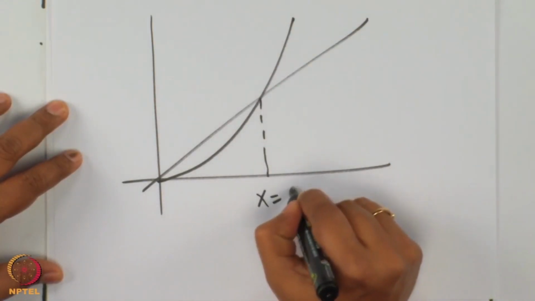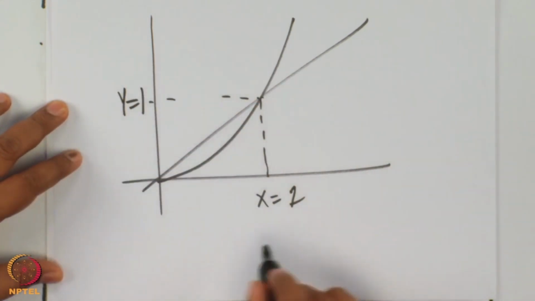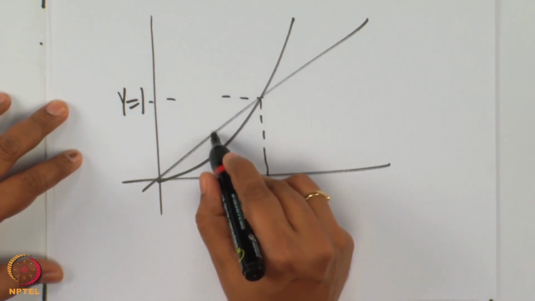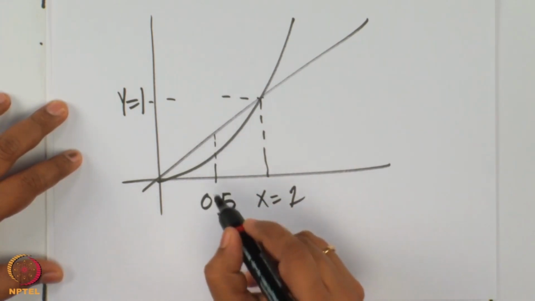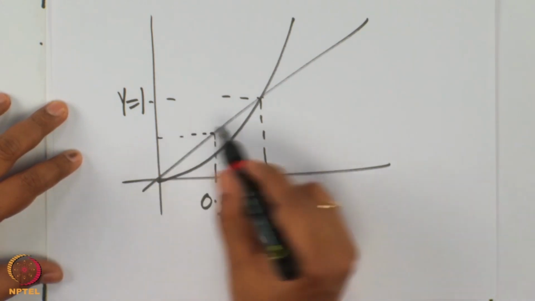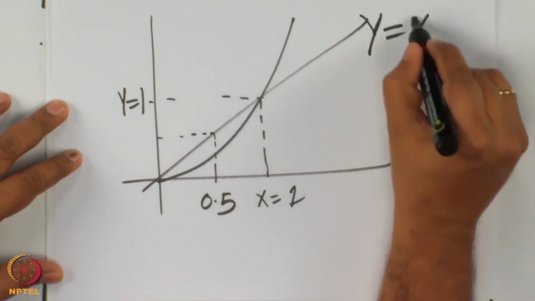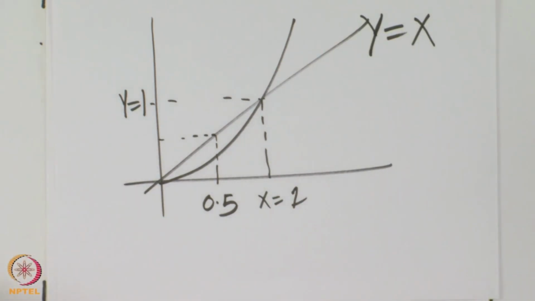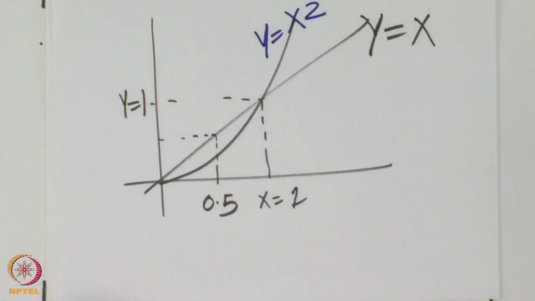So, this is x equal to 1 and this is y is equal to 1. But when x is equal to half, 0.5, y in this straight line is y is equal to x, while this is y is equal to x square.